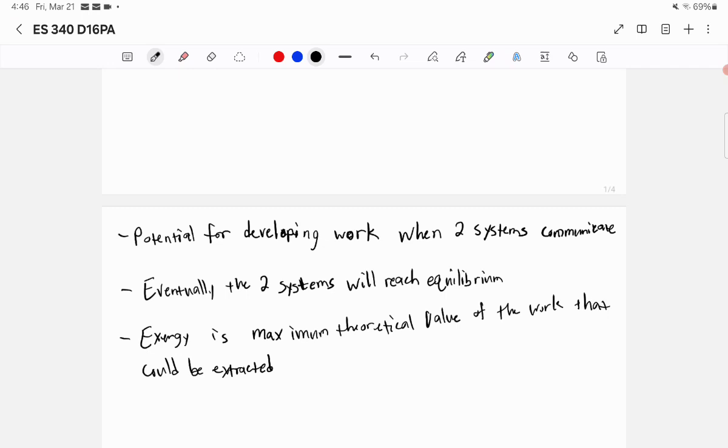So if it starts off at a temperature much higher than the atmosphere, it has the ability to do more work than if it starts off very close to the temperature of the environment. And actually you can do this with cold things as well. It's just that the flow of heat goes in the other direction. With the hot cup of coffee, I have heat coming from the coffee and going into the cycle.